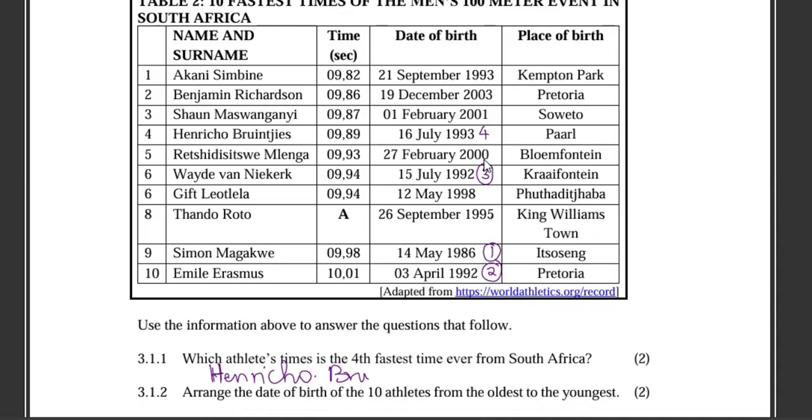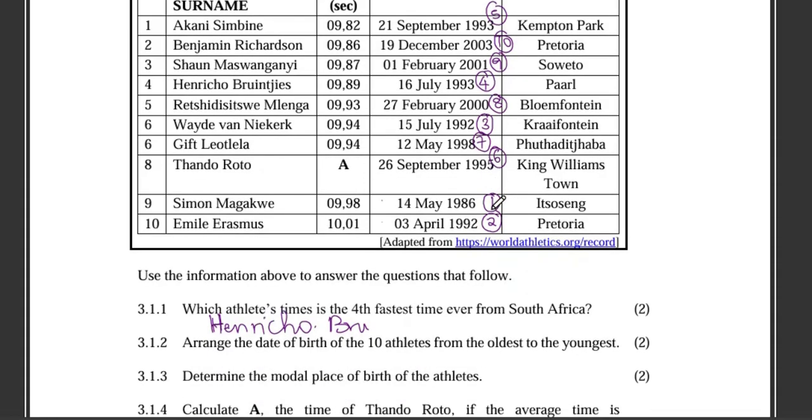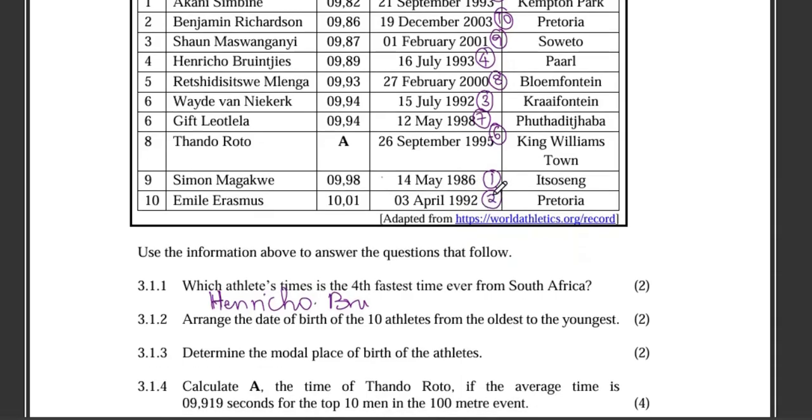Number 4. Number 5. Number 6. Number 7. Number 8, number 9, number 10. That's how you're supposed to arrange them. So this one comes first. In that order, please.